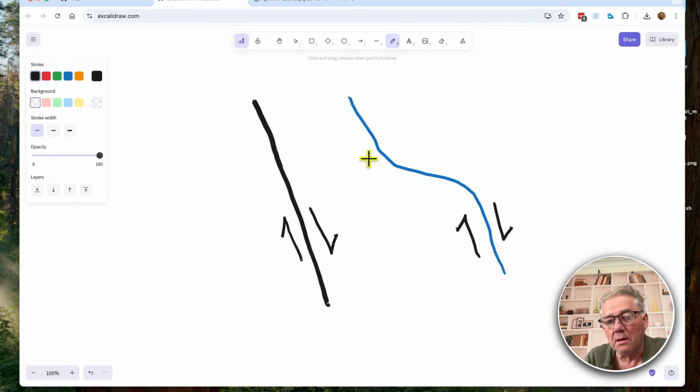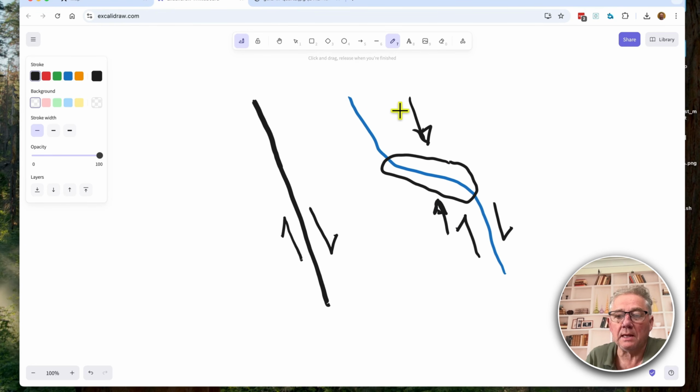What do you think happens in this zone here? This part is moving this way, and this part is moving this way. So basically, it's getting crushed together. The rocks are basically welding themselves together. There's almost no chance of any fluids coming up in that particular zone.